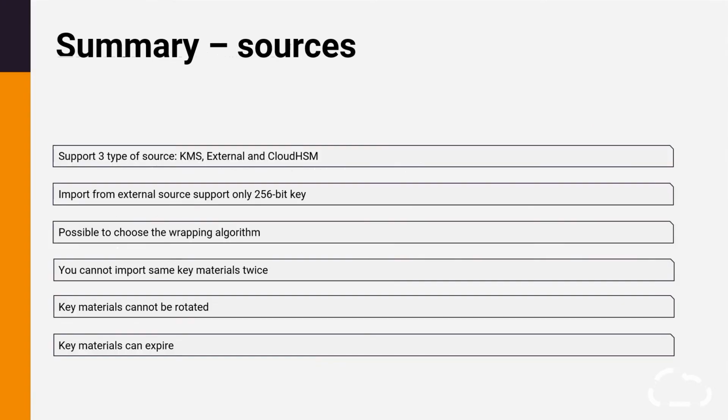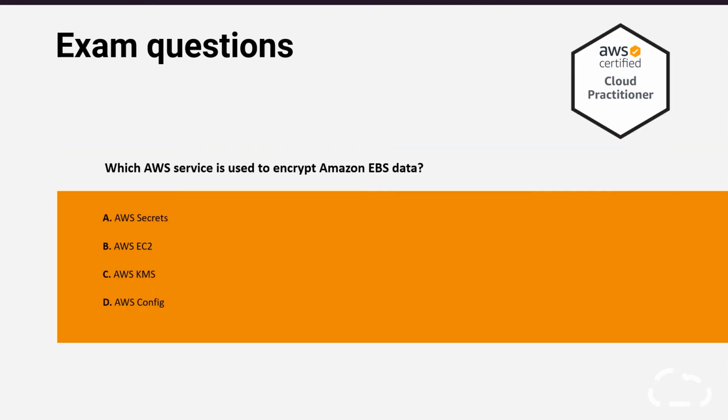First, which AWS service is used to encrypt Amazon EBS data? A. AWS Secrets, B. AWS EC2, C. AWS KMS, and D. AWS Config. And we know that the right answer is C, AWS KMS.